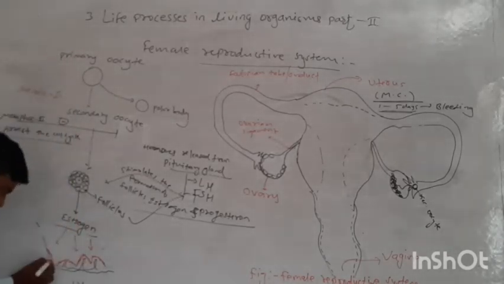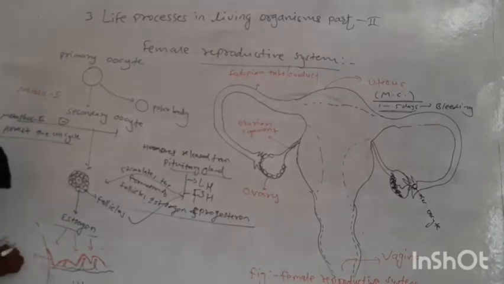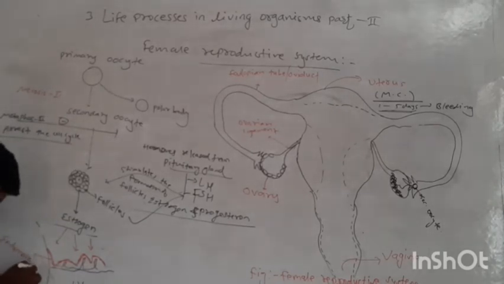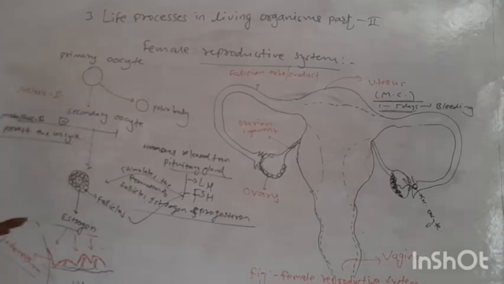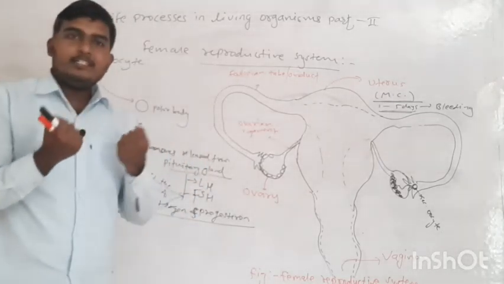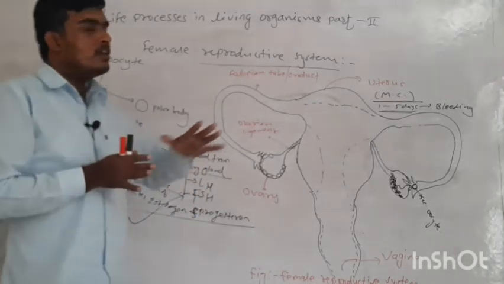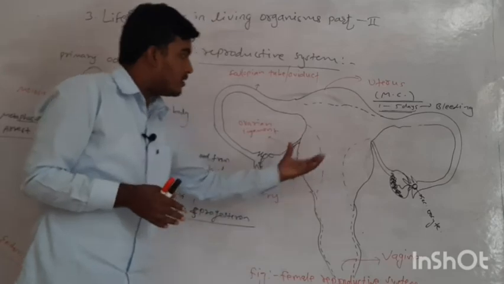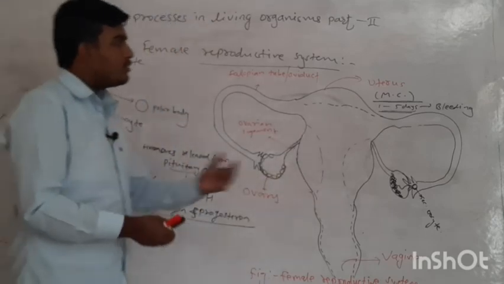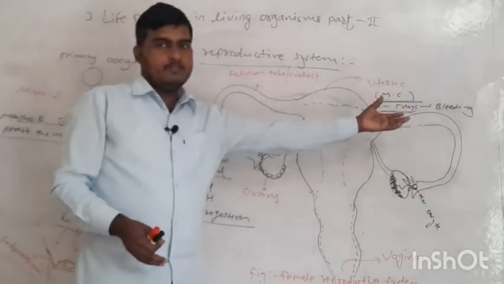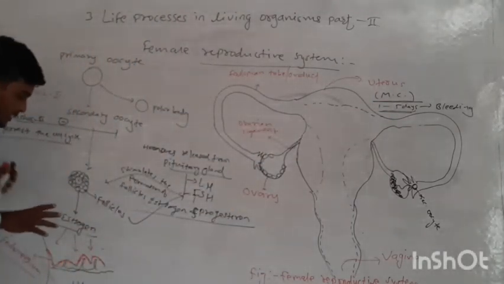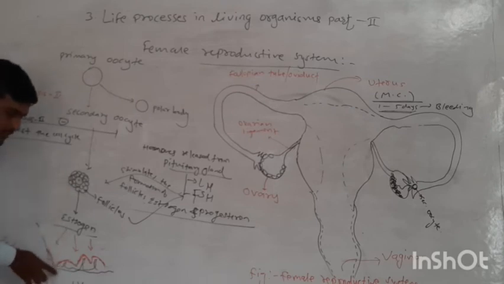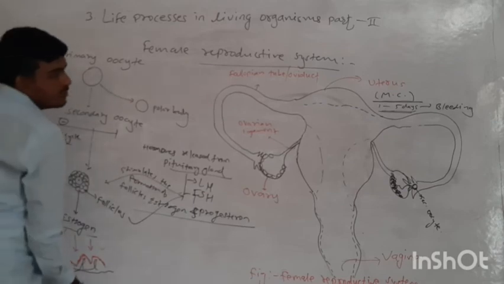This red colored layer is called endometrium. Why is this happening? Because the uterus needs to prepare itself for the nourishment of the fertilized egg, because two processes occur here: one is ovulation and the other is formation of the endometrium for the preparedness of the uterus.